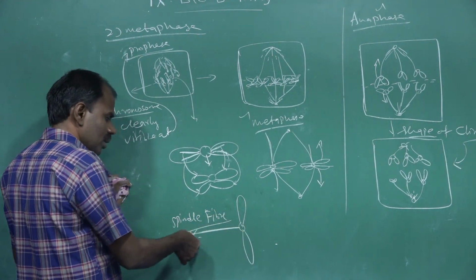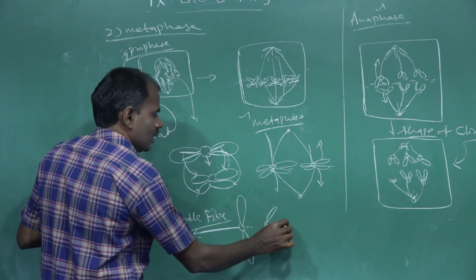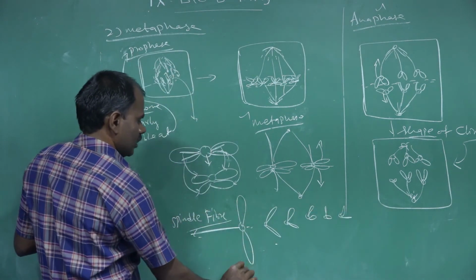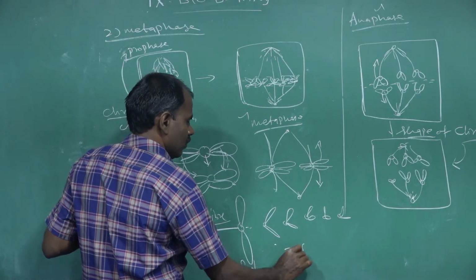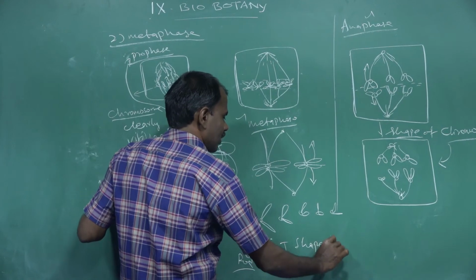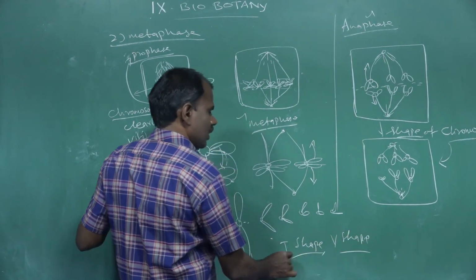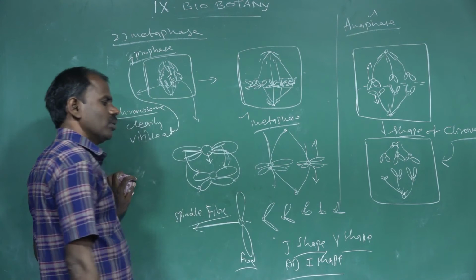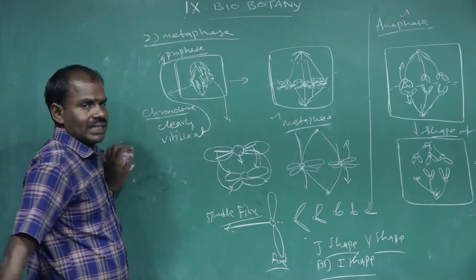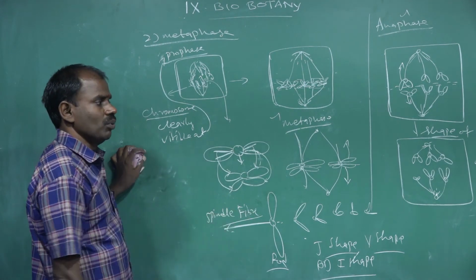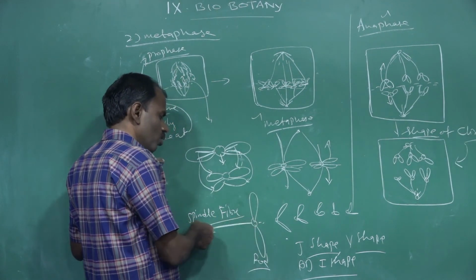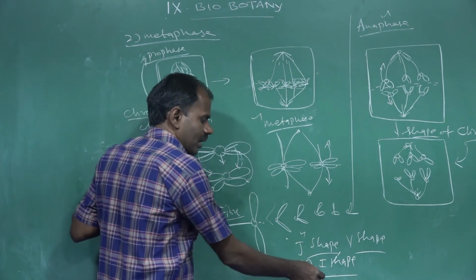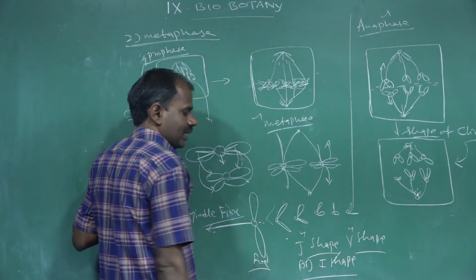With the movement, the chromosomes change shape: rod-shaped chromosomes, then J-shaped chromosomes, and V-shaped chromosomes. As the spindle fibers move towards the opposite poles, the rod shape changes to a J or L shape chromosome, or a V shape chromosome.